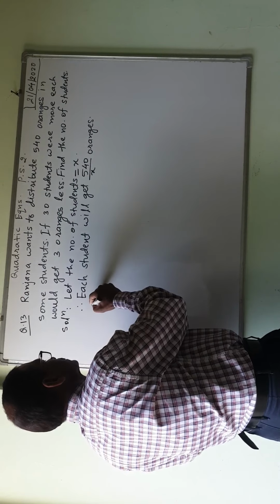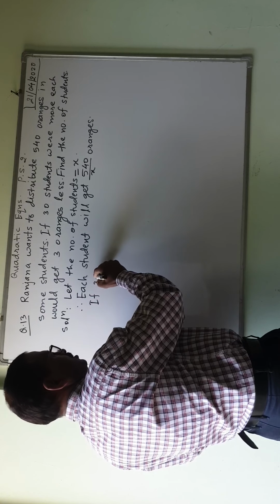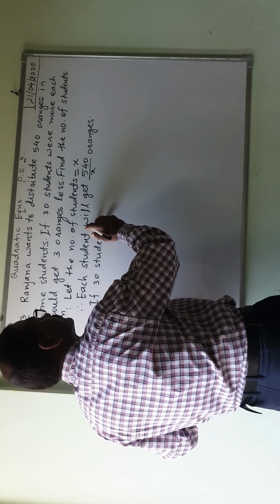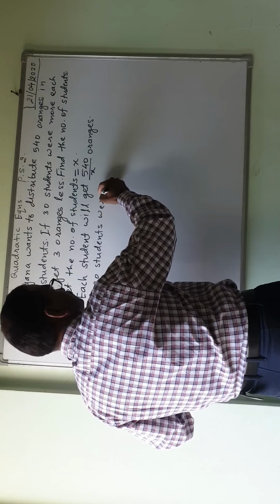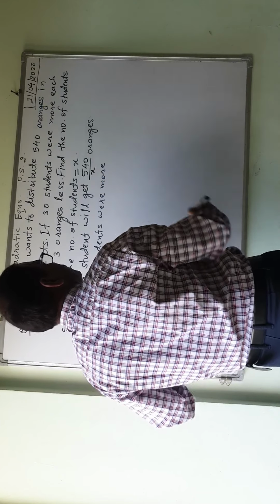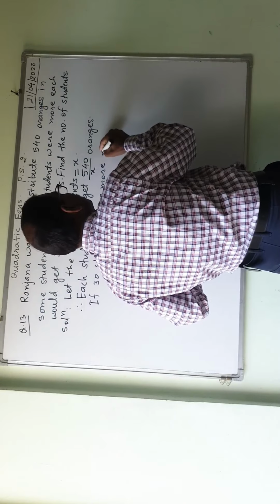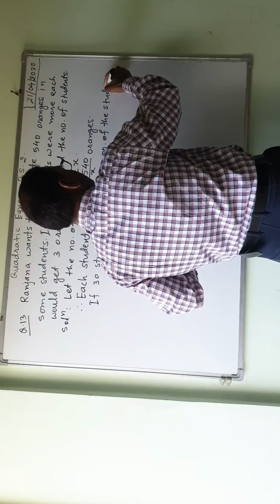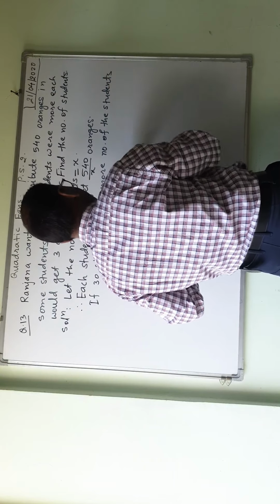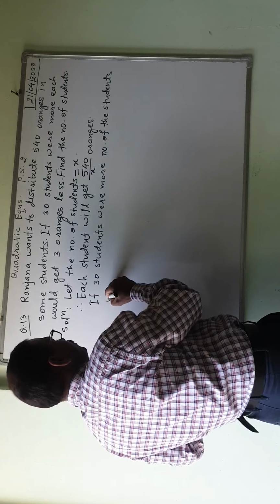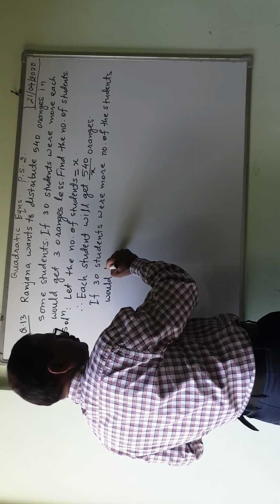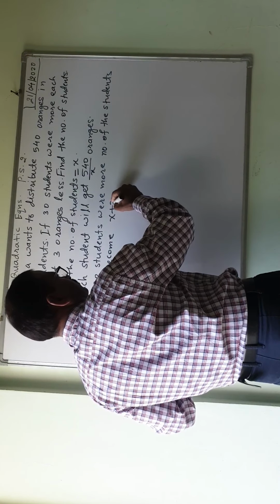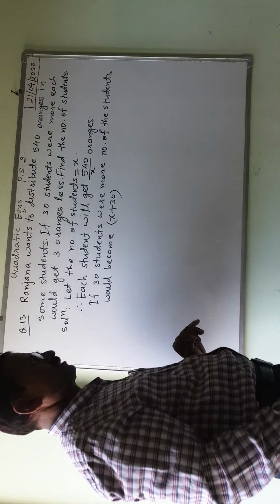If 30 students were more, the number of students will increase, the number of students would become x plus 30. This would be the new number of the students.